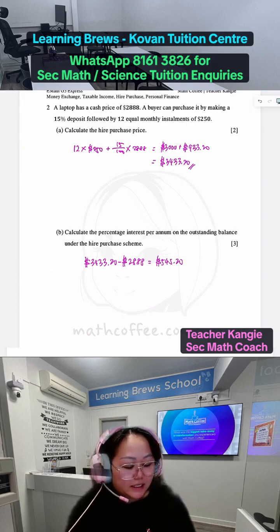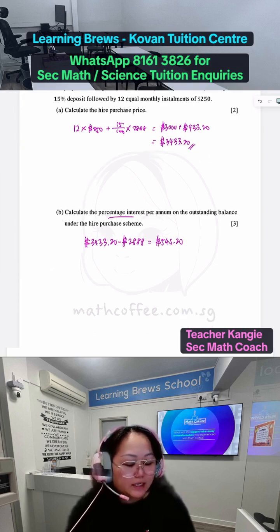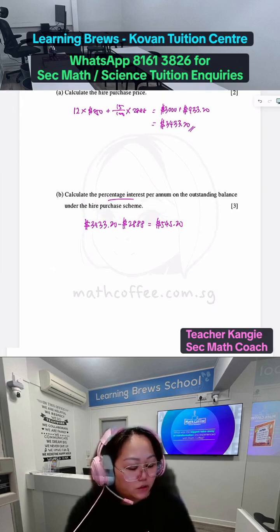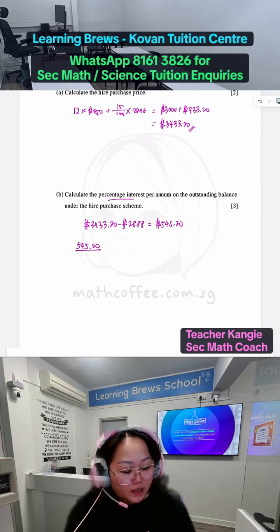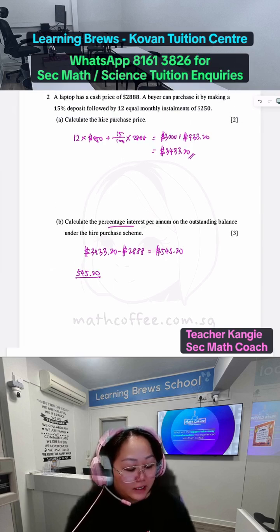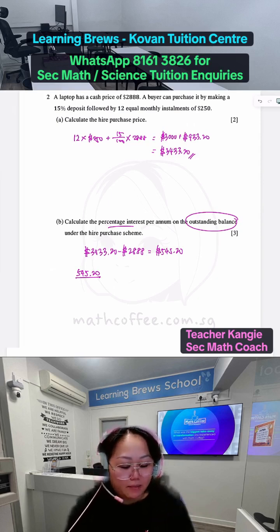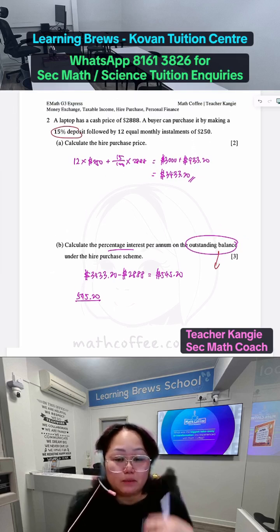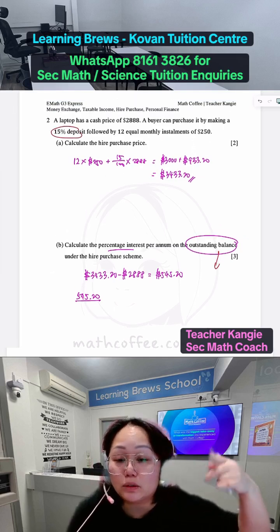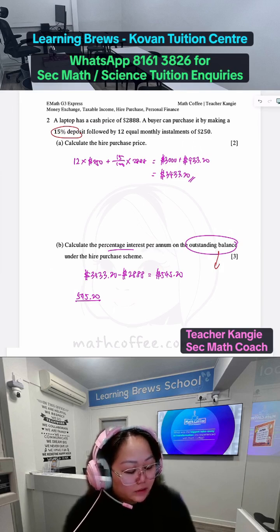So this is the interest, but they want the interest rate. So you take the interest over the outstanding balance only, don't go over the 2,888. So what is the outstanding balance? Because you already paid 15%, you only still owe 85%.